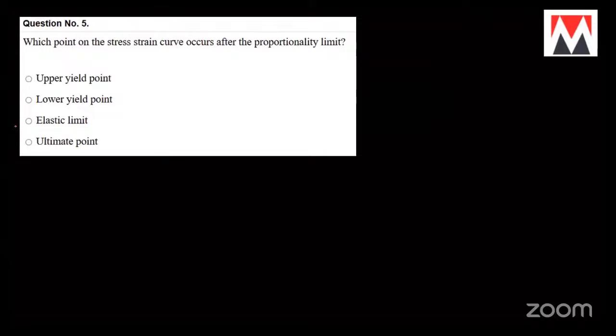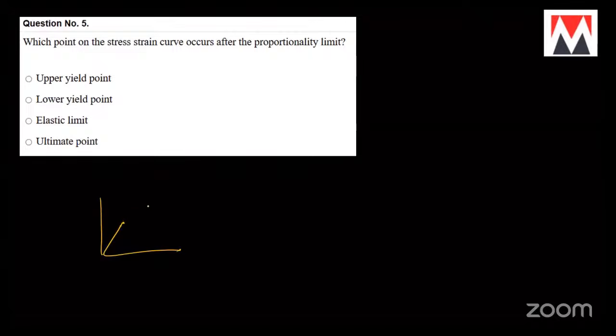Which point on the stress strain curve occurs after proportionality limit? So when you draw a stress strain curve, you will have a point like this and a small point like this.